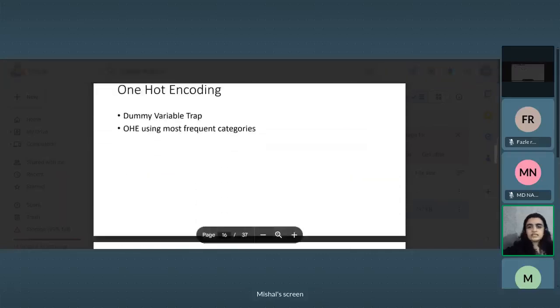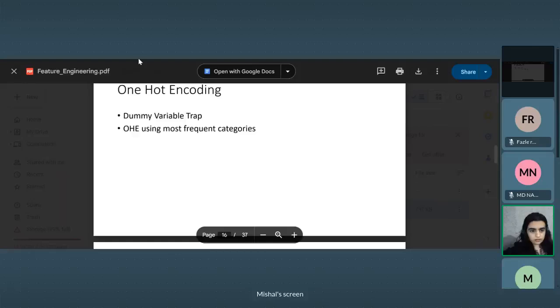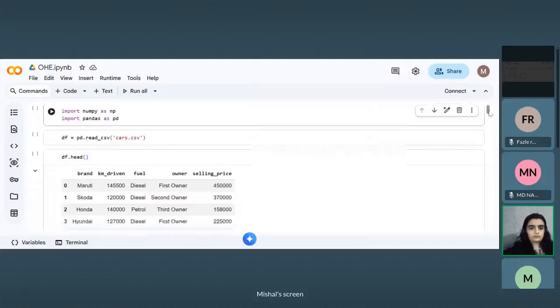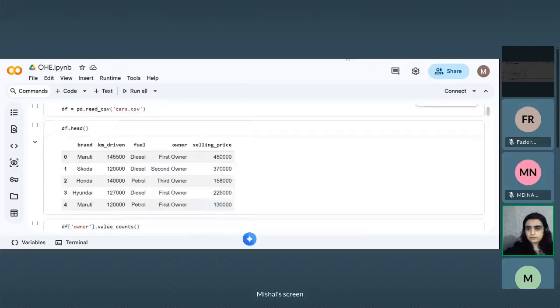Now let's see how we can apply it. I am going to share a notebook. Is the notebook visible? I think it's visible.